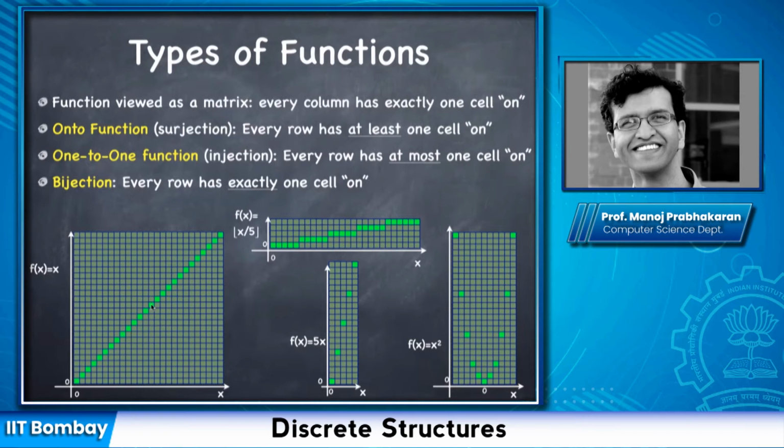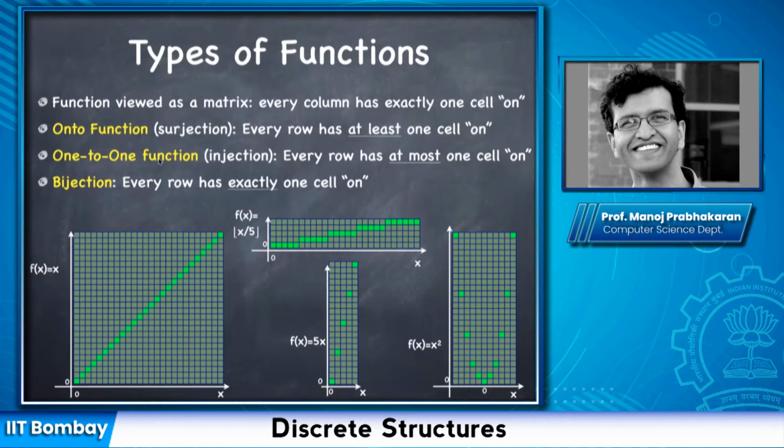Now you can think of onto functions as those functions where every row has at least one cell switched on. Remember, the function didn't say anything about how many cells should be switched on for every row. It said every column has exactly one cell switched on. An onto function is one in which every row has at least one cell switched on.